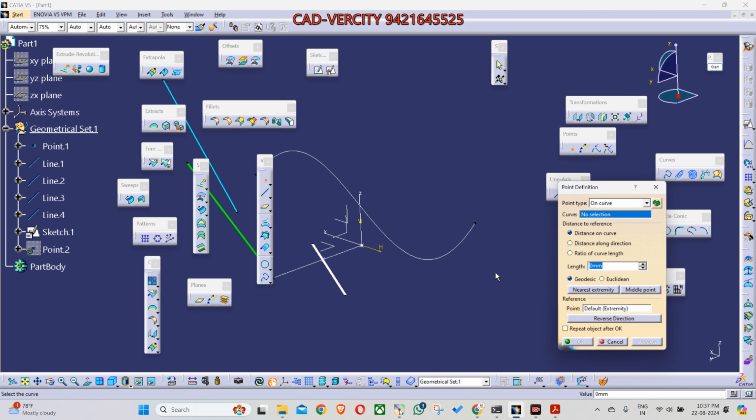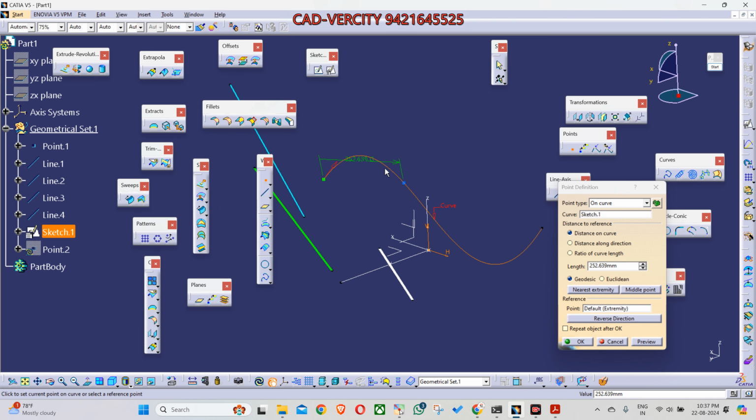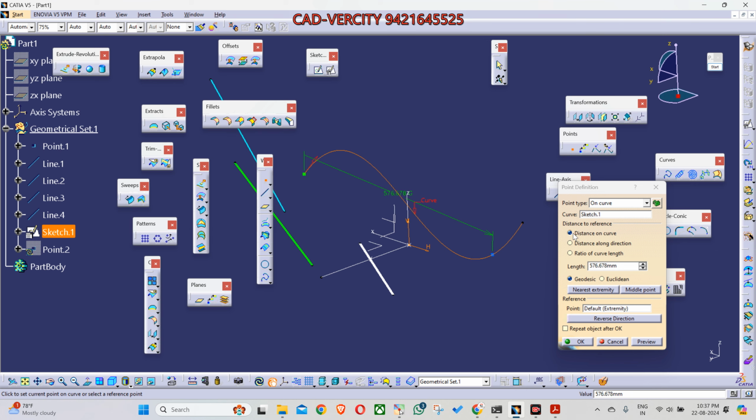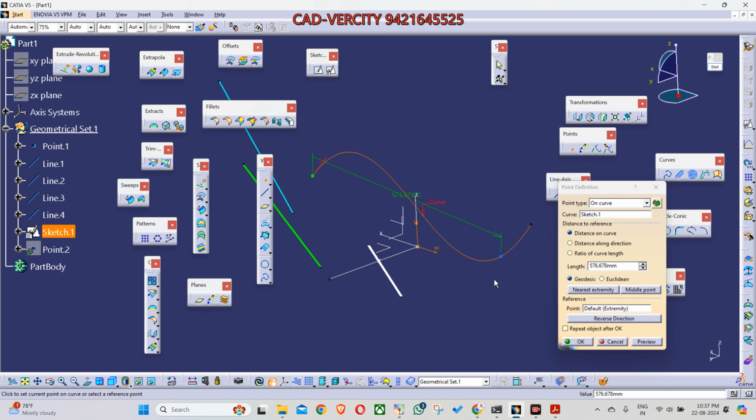What input will I need? I will need one curve as input. On the curve, you can select anywhere, okay? And just activate the first one, distance on curve. Now what is for the distance? What is my starting point? From where is it taking the distance? From the rear side, this one.